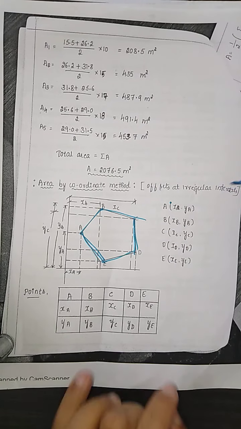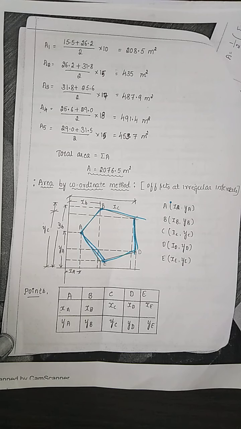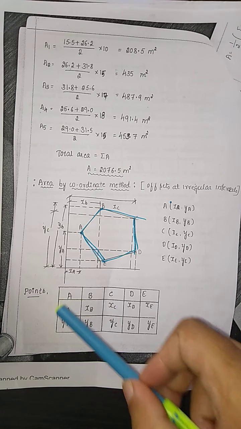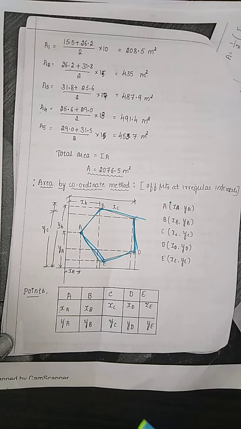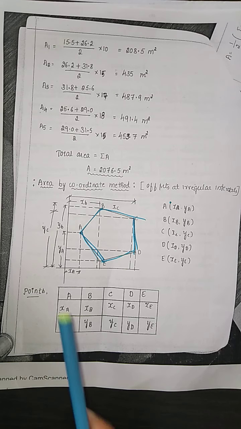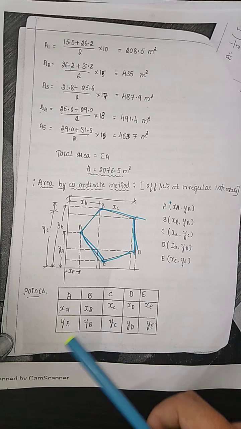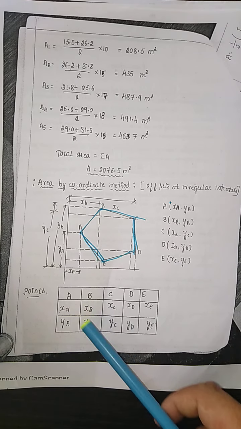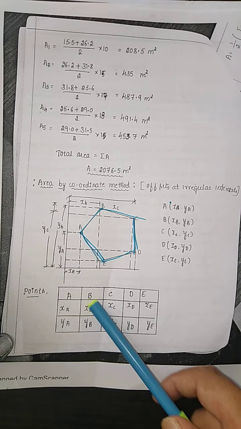So like this, if an area is present on a coordinate system, they are going to give you those coordinates, for A, B, C, D, E. What is the x coordinate of A and the y coordinate of A? Similarly for B, what is its x coordinate, what is its y coordinate?